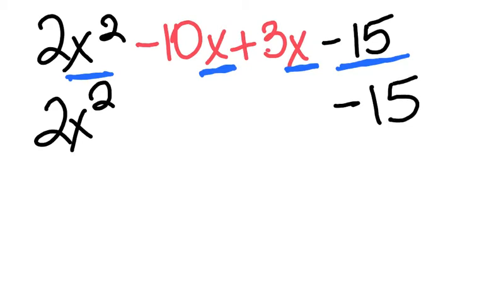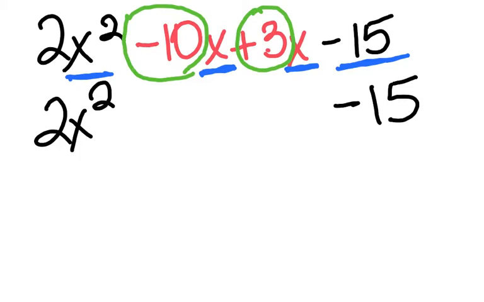So here's where it gets interesting. With the x, there's also a coefficient or a number that is with the x. So you have negative 10 plus 3 is negative 7, and then you're going to bring down the x.